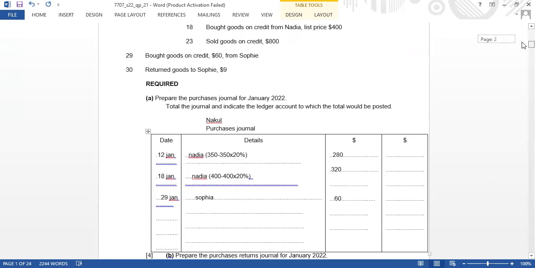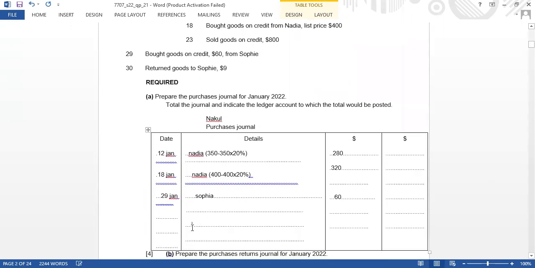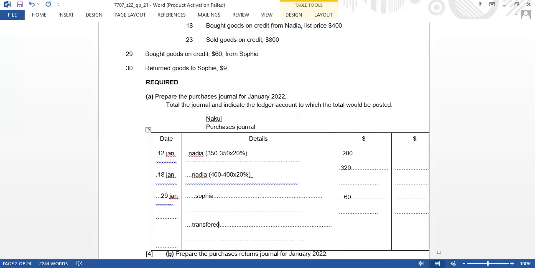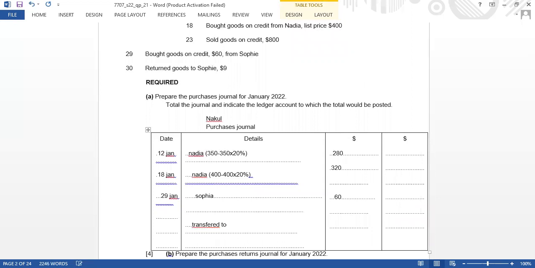Okay, 60. Now the total will be transferred to the purchases account. That would be 280 plus 320 plus 60, which is 660.